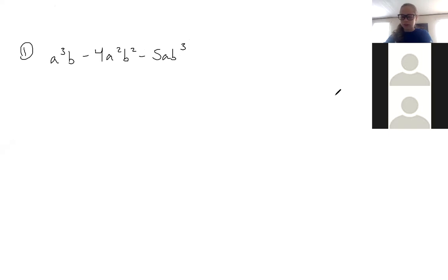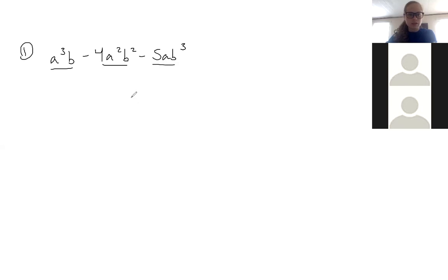We've got a cubed b minus 4a squared b squared minus 5ab cubed. Sierra, what's the first thing you always do when you're factoring? First thing you ask yourself. Factor out anything? Yes. Is there anything I can factor out of all of these?